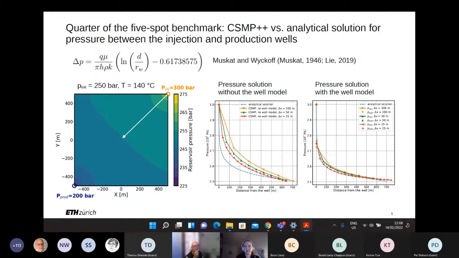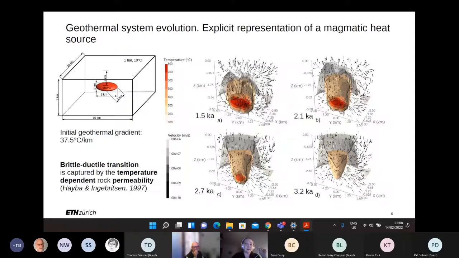model supercritical resource utilization. But as Thomas has talked before, it's very important not to apply some artificial boundary conditions at the shallow depth, but to explicitly represent a magmatic heat source.